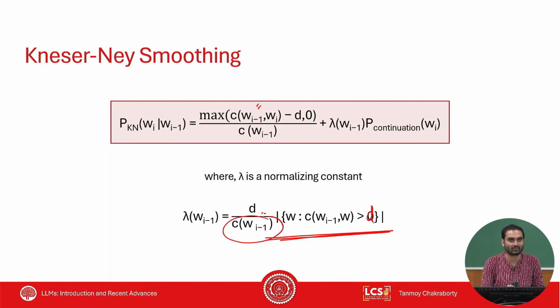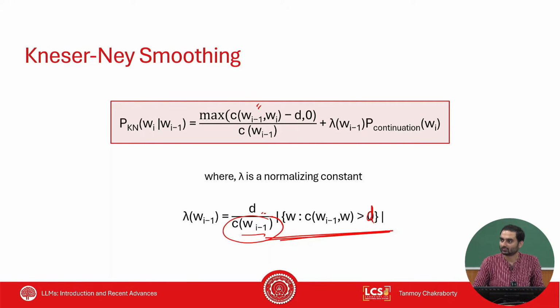And what is going to be the numerator? Numerator is D. What is the denominator? Count of what? What is this count of W_{i-1}? Unigram count of the previous word. In terms of the table, can you tell me in terms of the row?